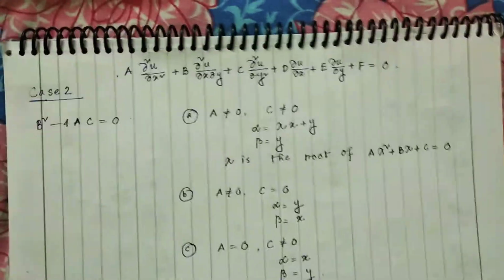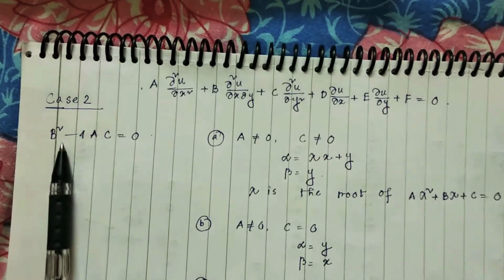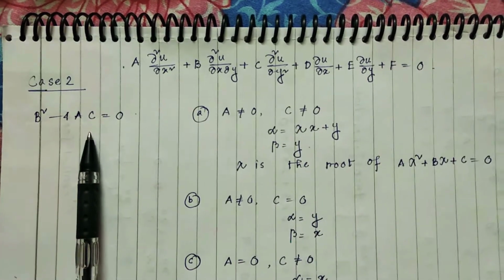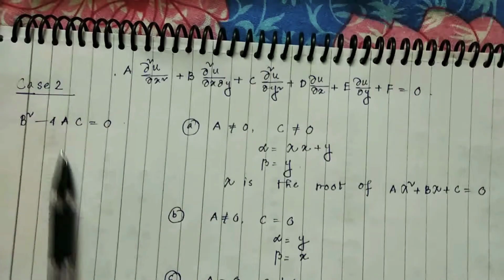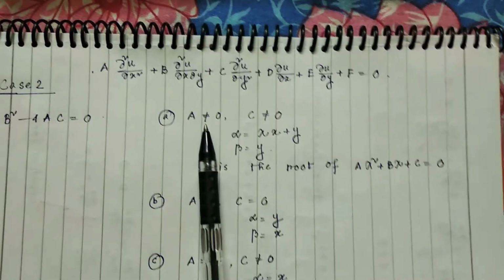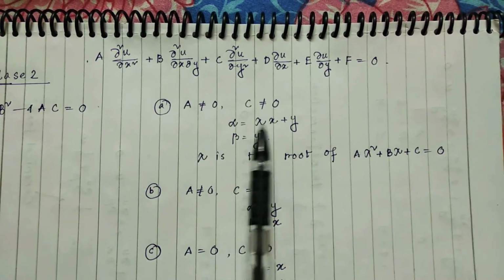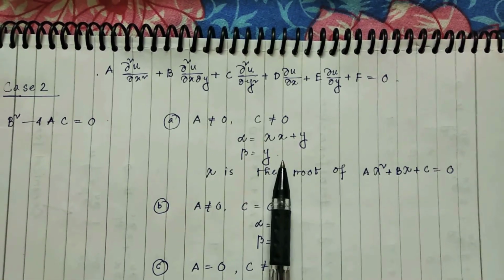Now the same things. We are given the same equation, and in this case b square minus 4ac is 0, so the equation is parabolic. Now three cases can occur. In the first case, a1 is non-zero and c1 is non-zero. The transformation is alpha equals lambda x plus y, and beta is y.